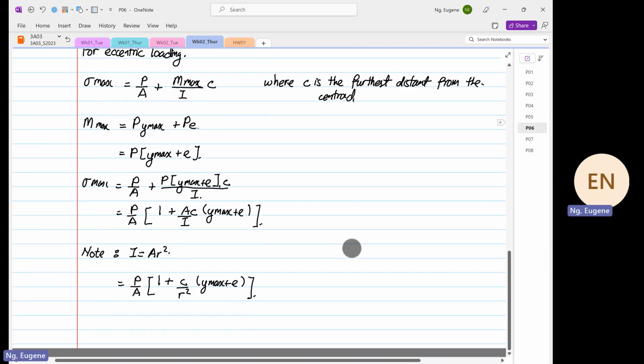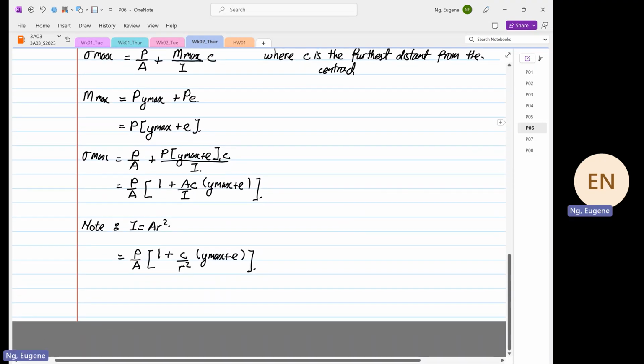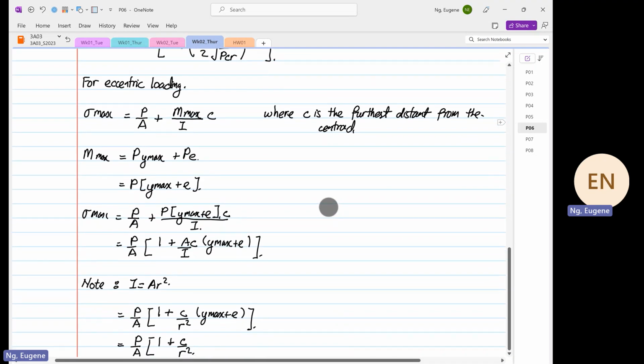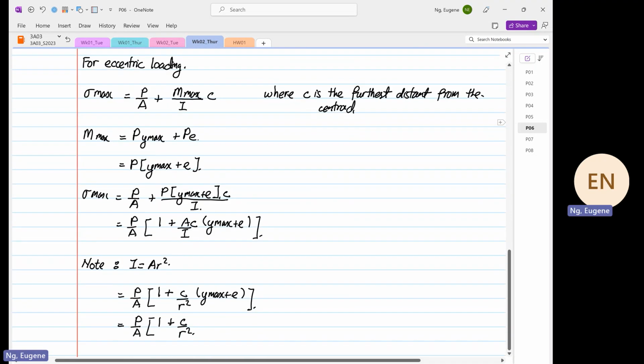Then we substitute everything in. So P over A, 1 plus C over R squared. Our Y max is this entire expression over there. I'm going to put a big bracket.